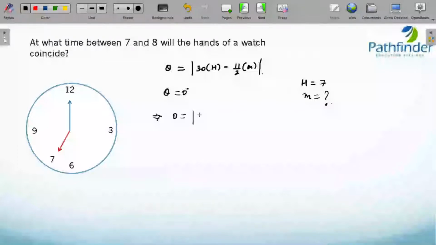0 is equal to mod of 30 multiplied by 7 minus 11 by 2 multiplied by m.